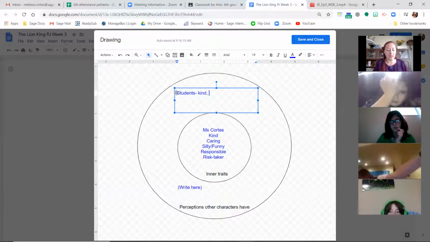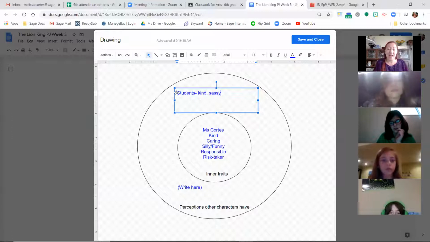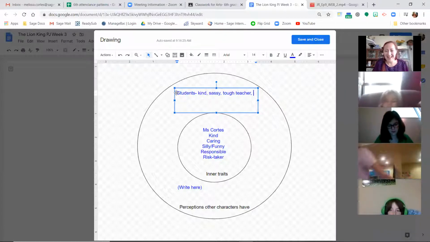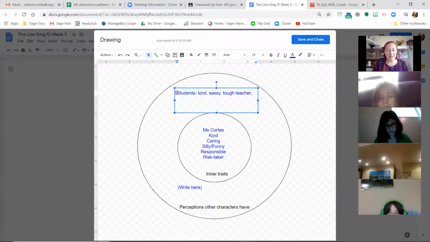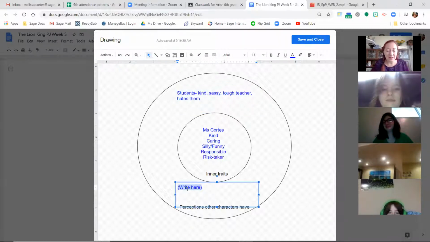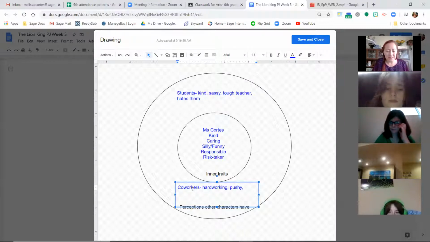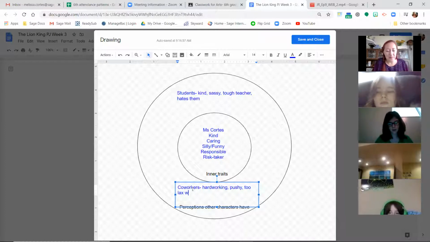They might also think that she is sassy, or a tough teacher. They might also think that she hates them. Maybe her coworkers think that she's hardworking, but maybe somebody thinks that she is pushy or too lax with students.